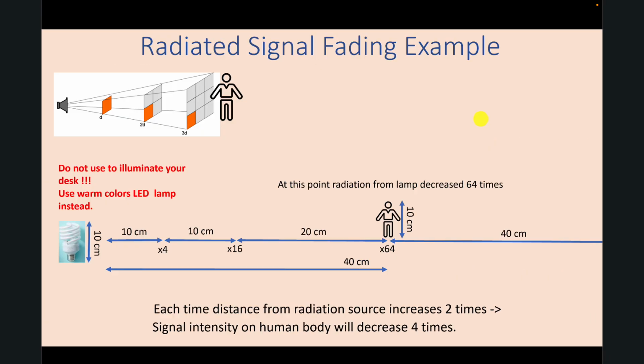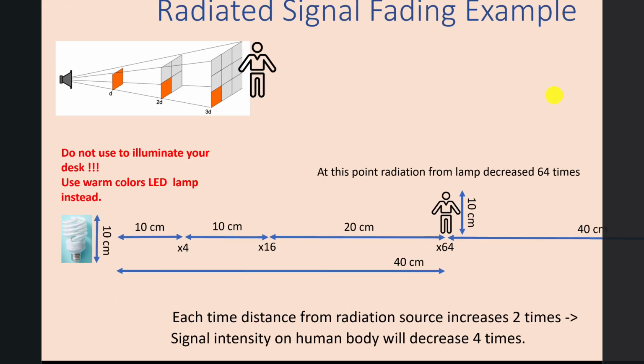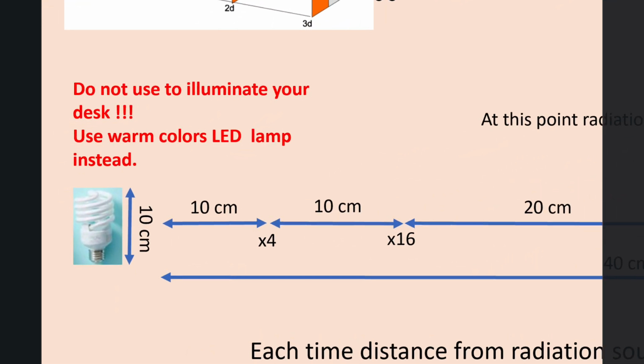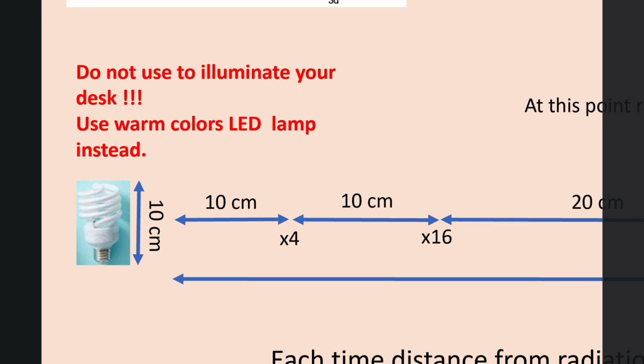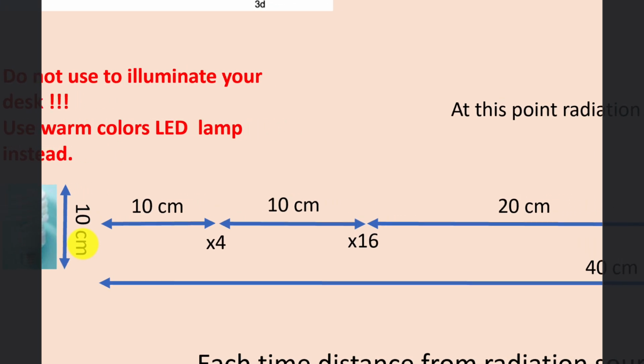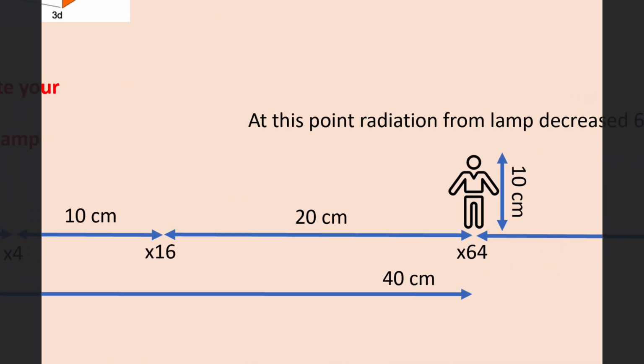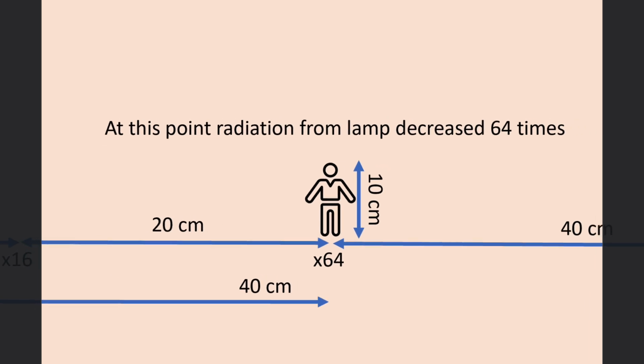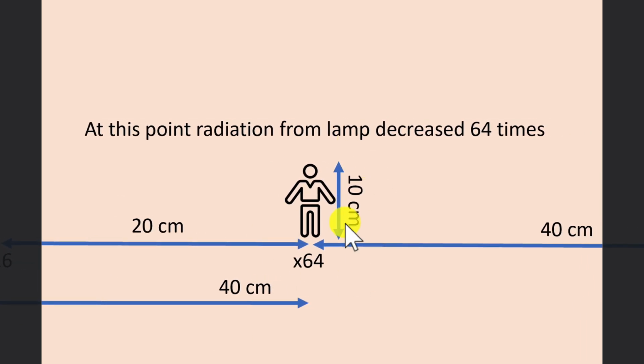Let's observe an example of radiating signal fading, the theory of which we have discussed on the previous slide. Let's say we have a fluorescent light bulb which is 10 centimeters high as shown on the slide, and we have a 10 centimeter tall person who is initially standing next to the bulb and receives maximum possible radiation on their body.